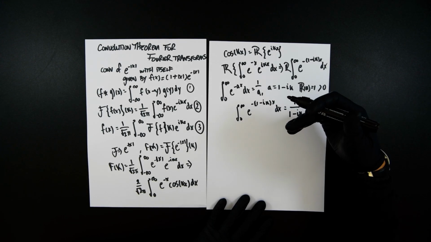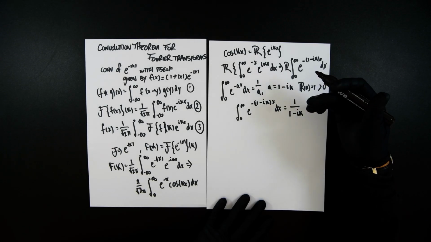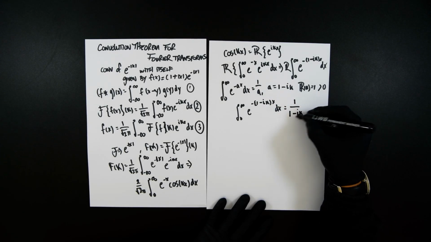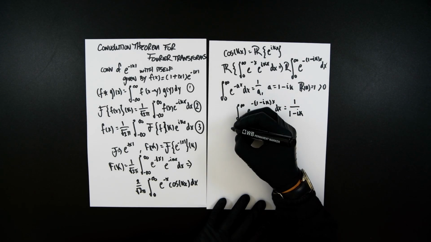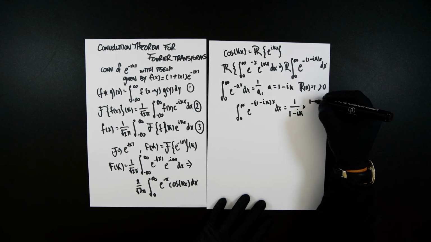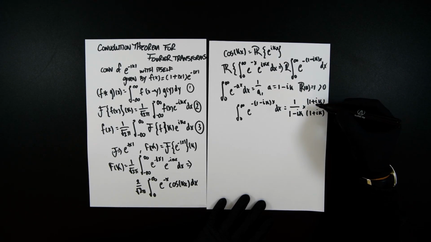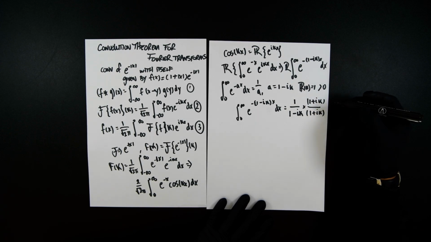We now multiply the numerator and the denominator by the conjugate, which is just this with the sign flipped, so it would be multiplied by 1 plus ik. And for the love of God, don't just cancel these two out like you've not done anything.